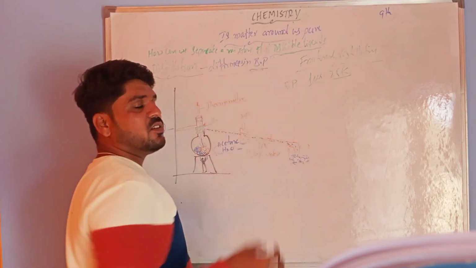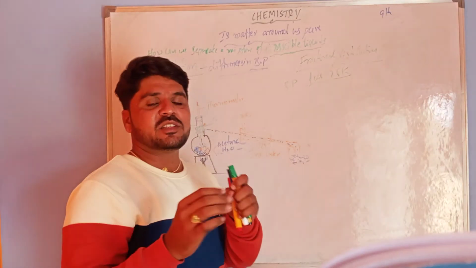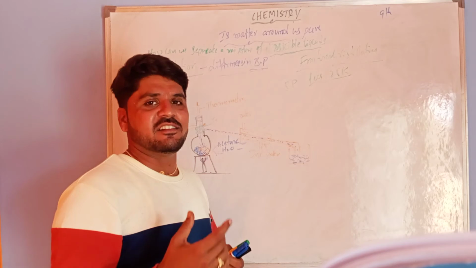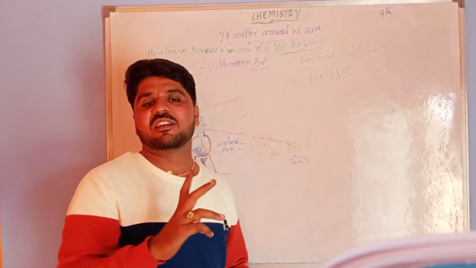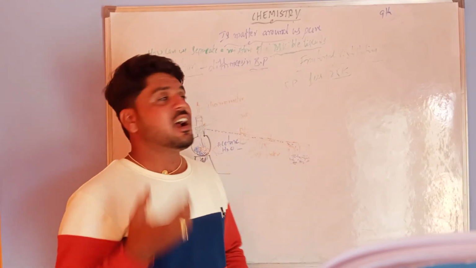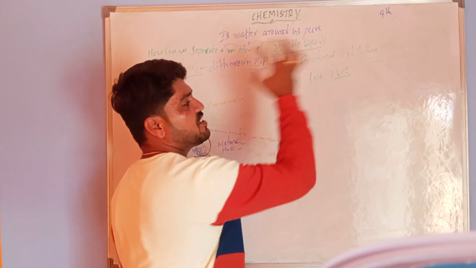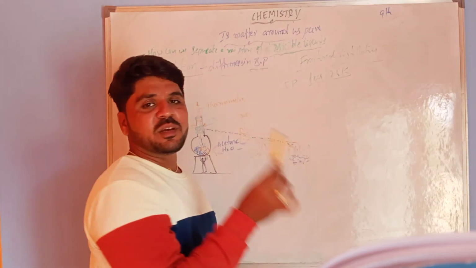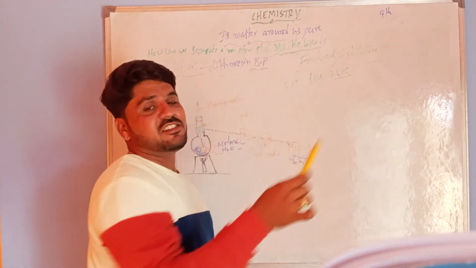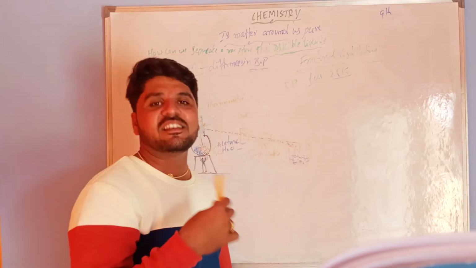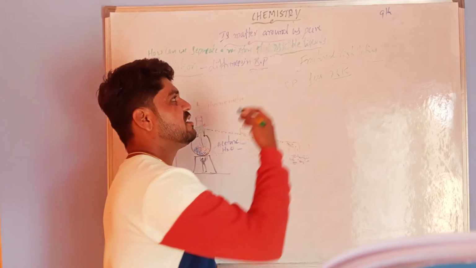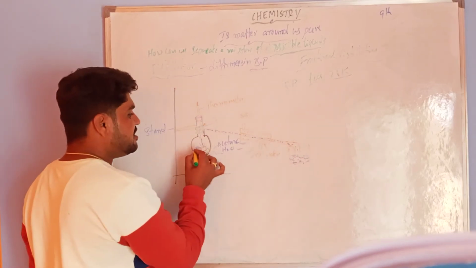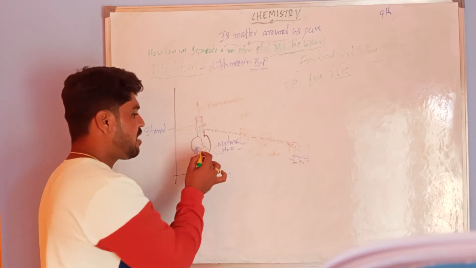That means separation of gases from the air, or separation of petroleum products. At that time, we have to use fractional distillation: petroleum separation, and oxygen or other gases separation from the air. Just imagine this mixture is a gaseous mixture or petroleum mixture.